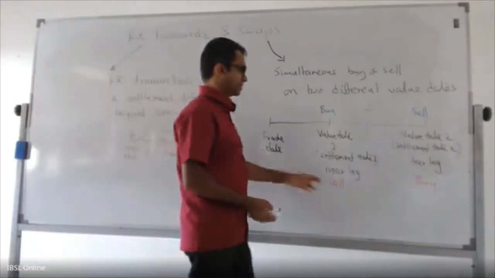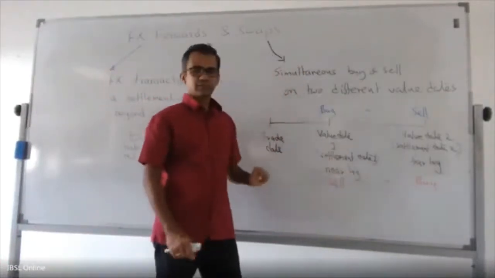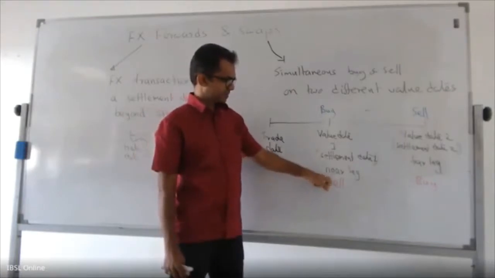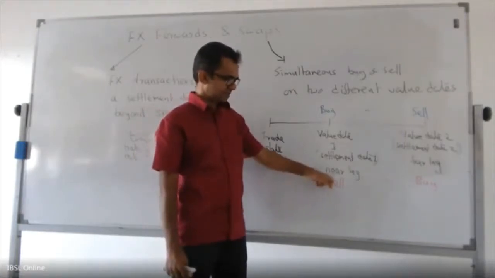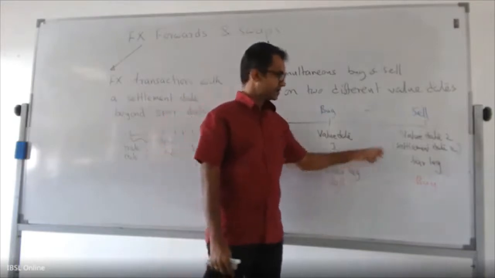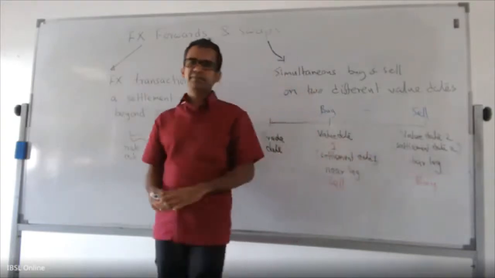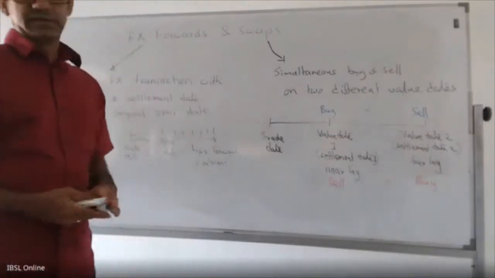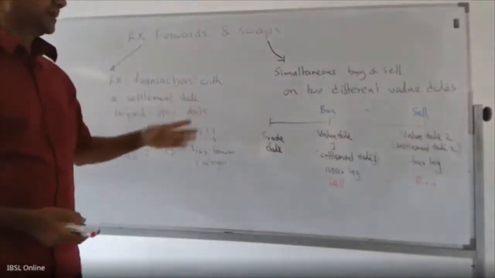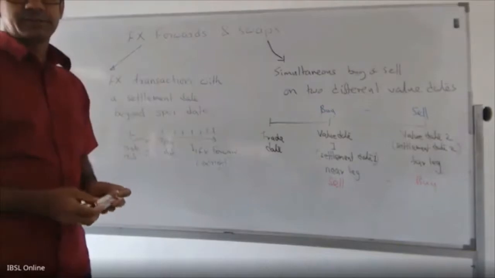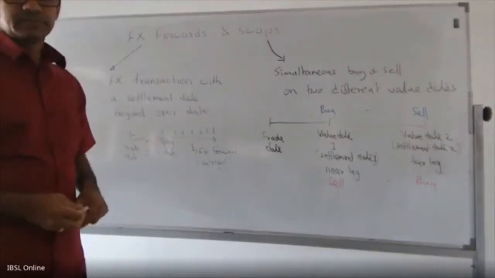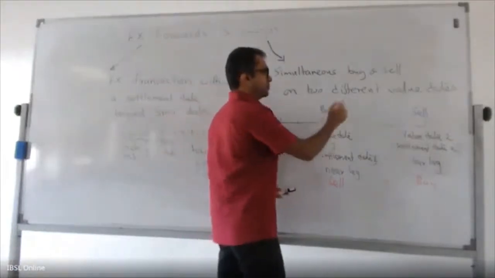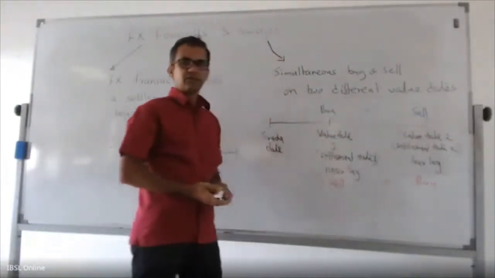In a sell-buy transaction, one party is selling base currency in the near leg and buying that same base currency in the far leg. That's a swap. Whatever you do here on the near leg, you reverse it in the far leg.